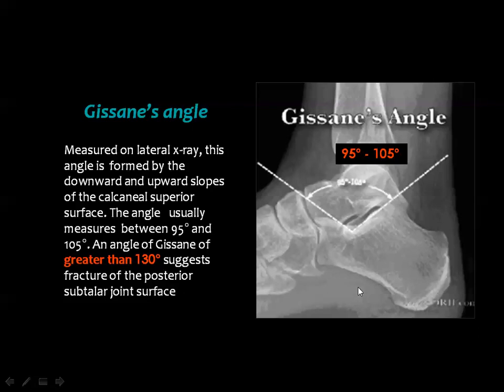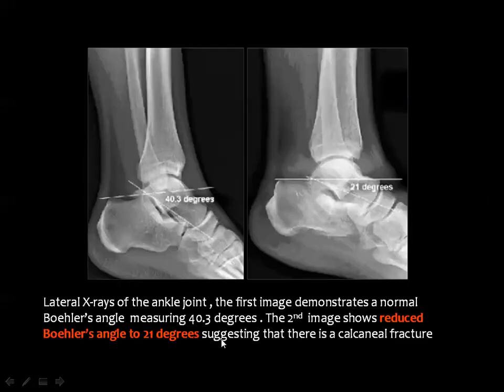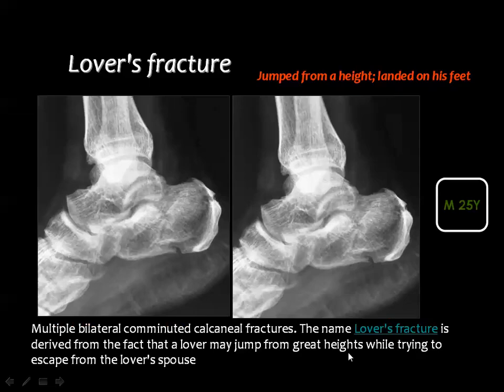If the calcaneus is fractured, the angle will be wider and it may be greater than 130 degrees, or even there is no angle at all, the surface will be flattened. Then this is the normal calcaneal angle, and this is the angle of fractured calcaneus. You can see the flattened calcaneus and the angle is decreased.